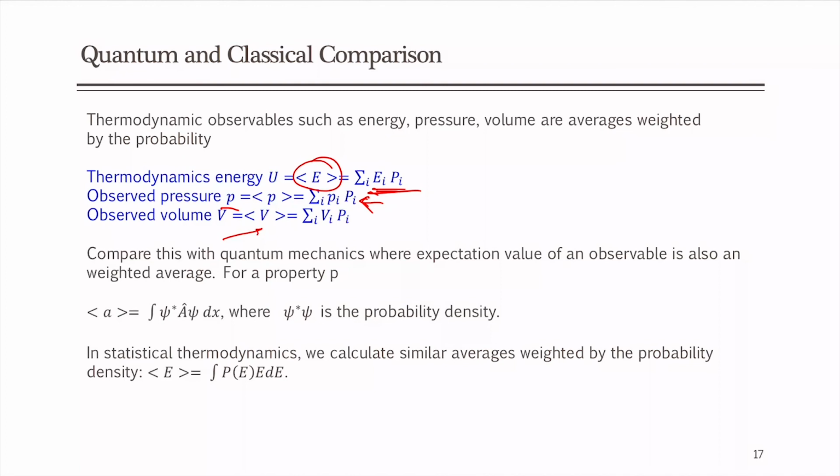So, all the macroscopic thermodynamic quantities written on this side are nothing but averages over the microstates, with the probabilities of a certain state as a weight function. Just like in quantum mechanics. In quantum mechanics, what do we do? We first calculate the property using the operator. Once we get the observable using an operator, this is the formula of an expectation value.